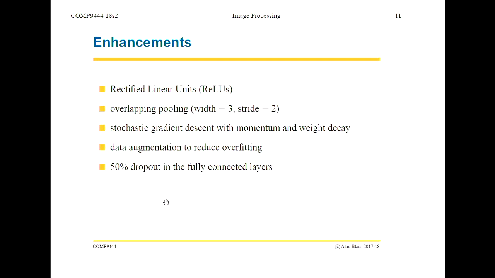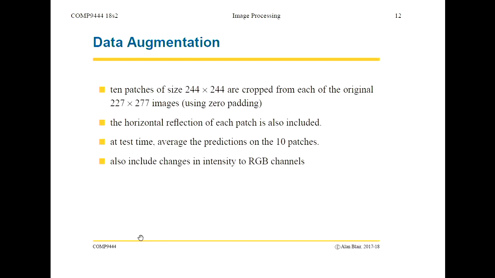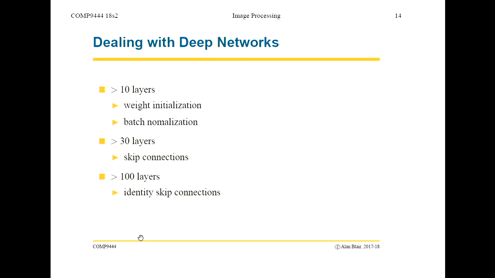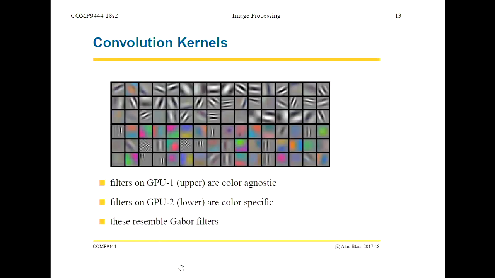And we talked about dropout, right? Dropout is a general purpose thing that could be used in any deep network, but they happen to use it in this instance as well, okay? And these were some of the filters that emerged. Okay, so now what happened afterwards?